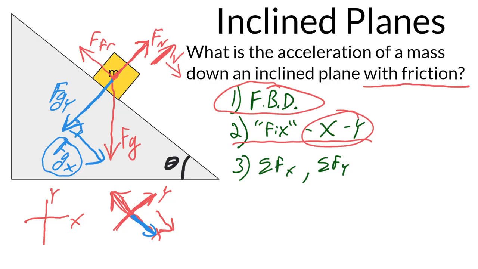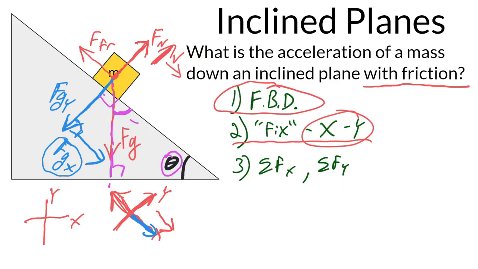Next, we've got to fix it, right? We've got to find out how much those are. So we're going to have to do a little bit of geometry here. So check this out. This angle is theta right here. And if you look at the force of gravity, this is perpendicular. So that means this angle must be 90 minus theta, right? But then this is also perpendicular to here.